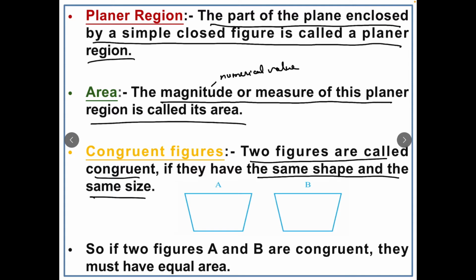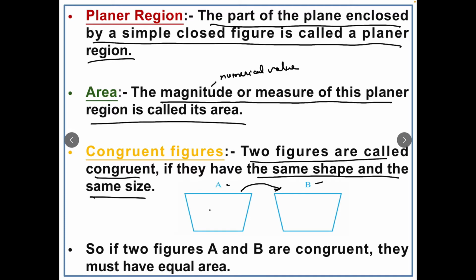For example, we have these two figures, A and B. These two have the same shape, as you can see both are trapeziums, and the size of both is exactly equal. That means once you place figure A over figure B, they will completely cover each other. Such two figures are called congruent figures.